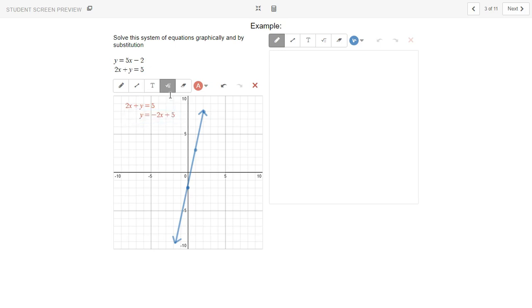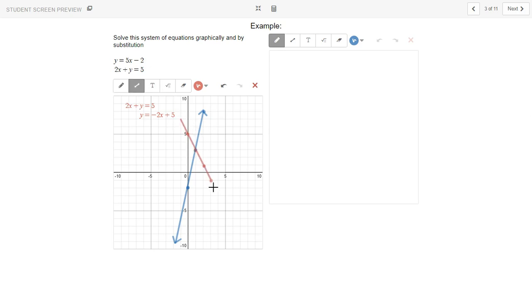So we're going to start at positive 5, and our slope being negative 2, we're going to go down 1 and to the right by 1. Down 1, across by 1, and keep going with the pattern.